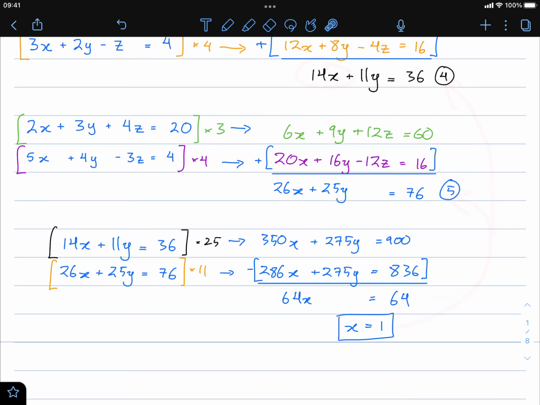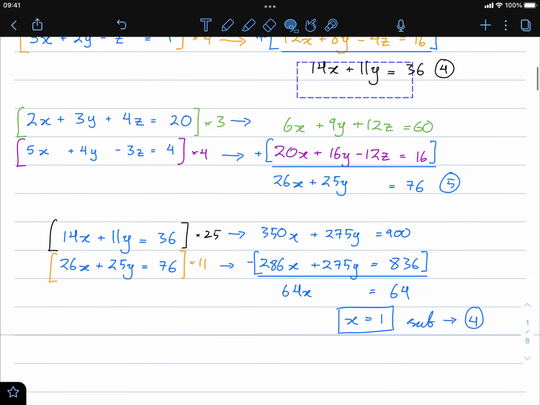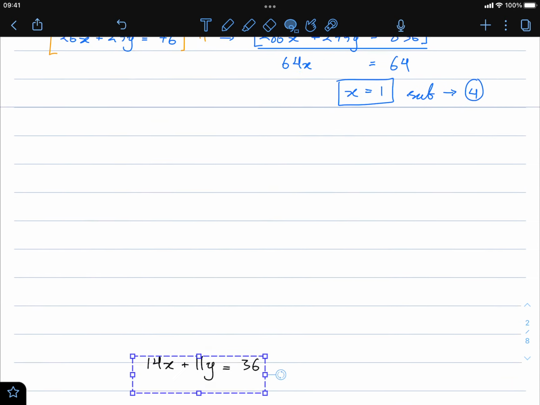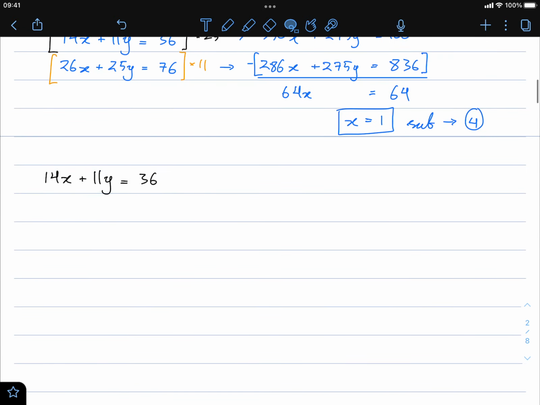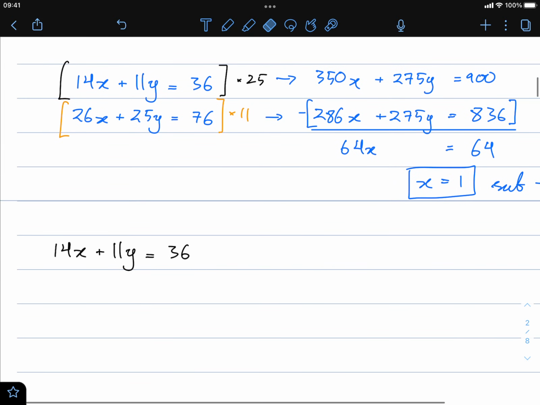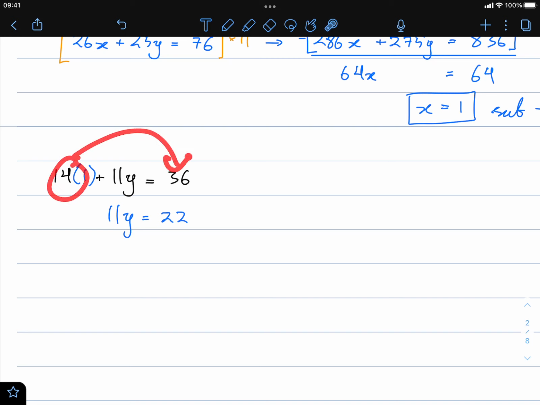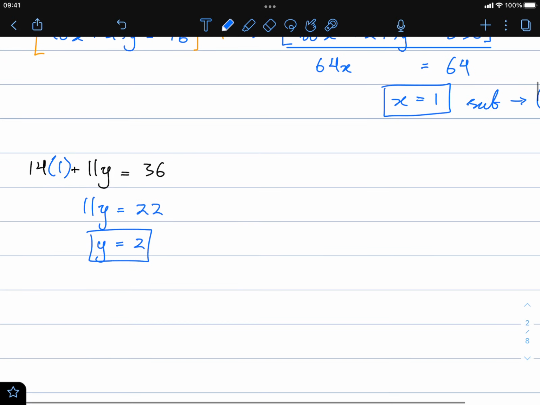I'm going to substitute it into 4. Substituting 1, it becomes 14 times 1. So that'll become 11y equals 22, because I'm subtracting 14, which means y is equal to 2.